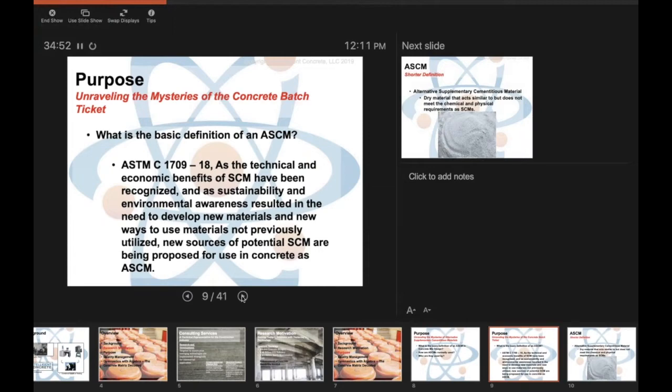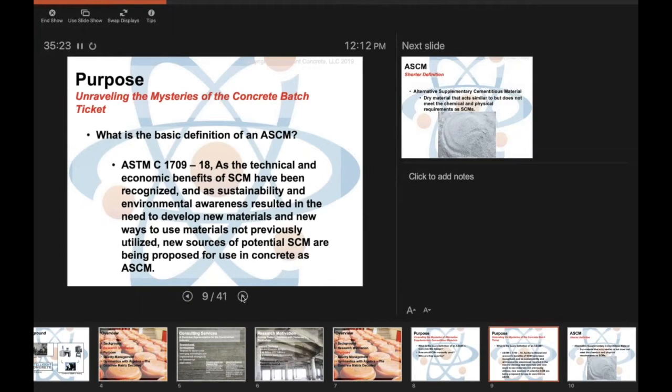So for unraveling the mysteries, an ASTM C1709 alternative supplementary cementitious material is defined by C1709 as follows: the technical and economic benefits of SCMs have been recognized, and as sustainability and environmental awareness result in the need to develop new materials and new ways to use materials not previously utilized, new sources of potential SCM are being proposed for use in concrete as ASCM.